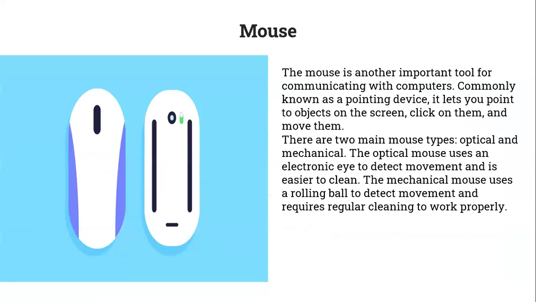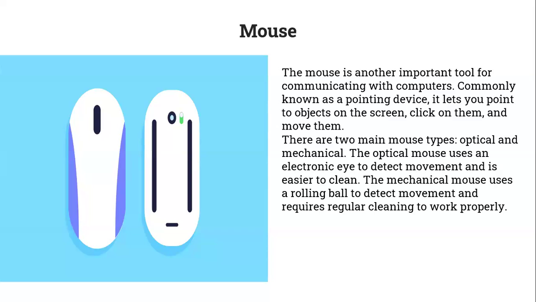So let's look at the next major computer part that we use in our day-to-day life. We have the mouse. The mouse is another important tool for communicating with computers, commonly known as a pointing device.